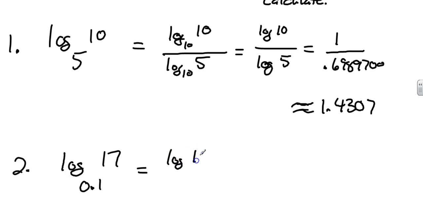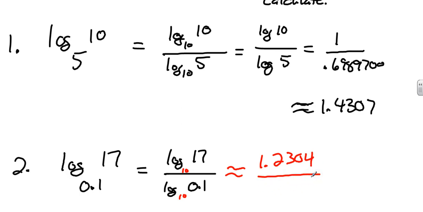Calculator-wise, that means you can do the log of 17 divided by the log of 0.1, where again you use your calculator so they're both base 10. Okay, so log of 17, I'm getting 1.2304.